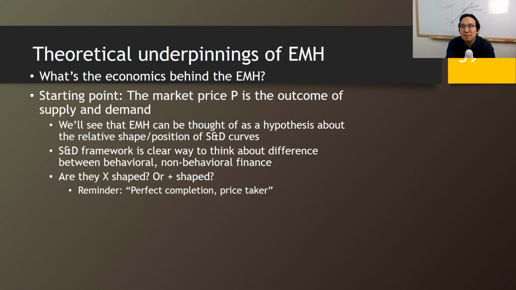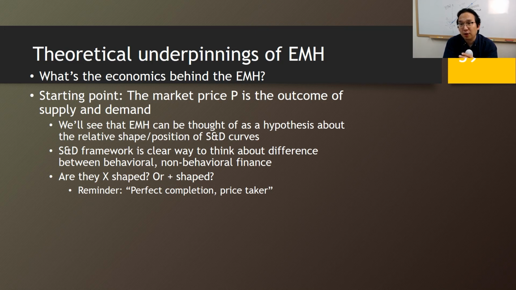Then the question becomes: does the supply and demand curve that you learned in economics 101 hold again in the securities market, especially under the EMH assumption? For this part, you have to go back to the understanding of the supply and demand curve of the perfect competition situation.